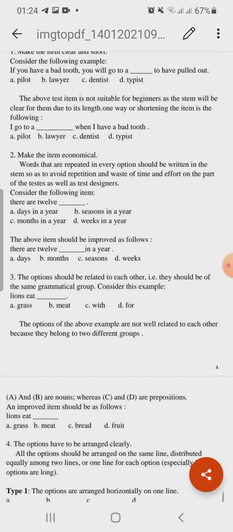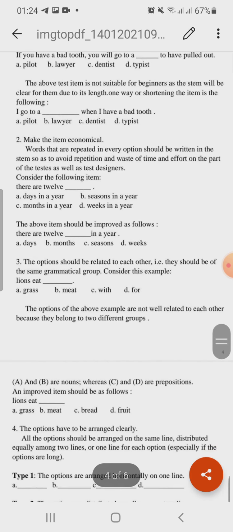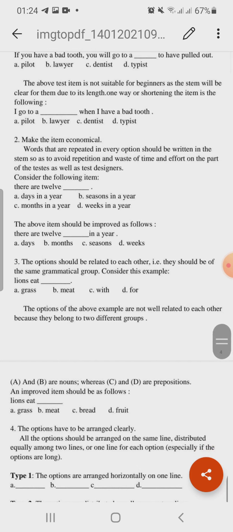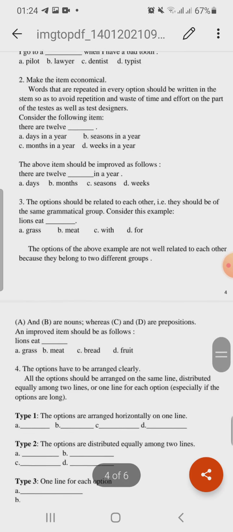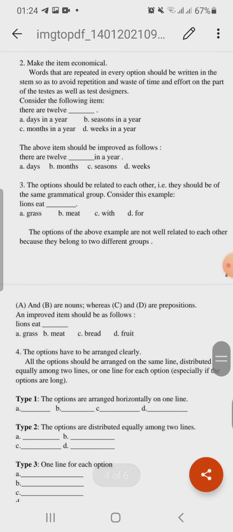يعني الطريقة حتى نقصر هذه الفقرة نجعلها قصيرة: I go to a dentist when I have a bad tooth. Number 2, make the item economical. اجعلها اقتصادية. How?